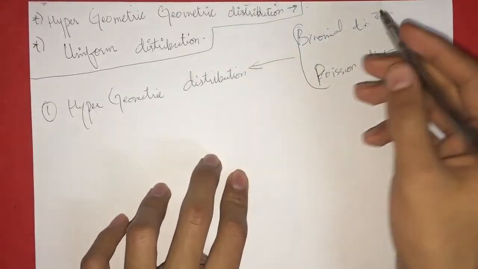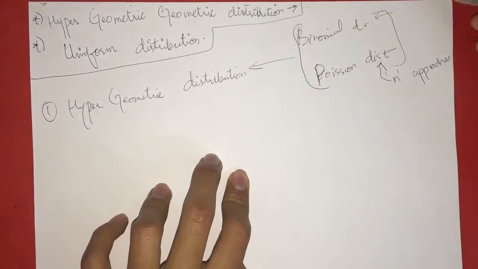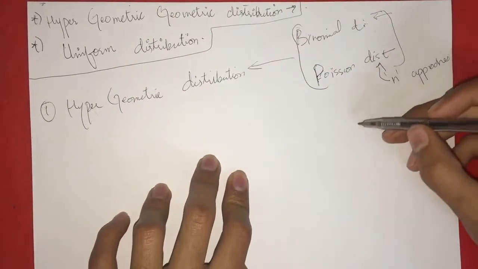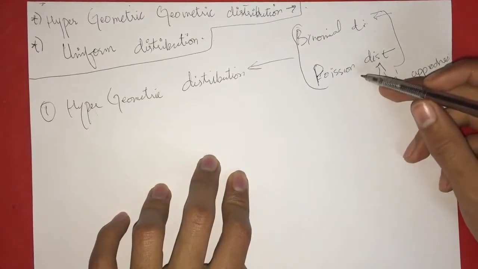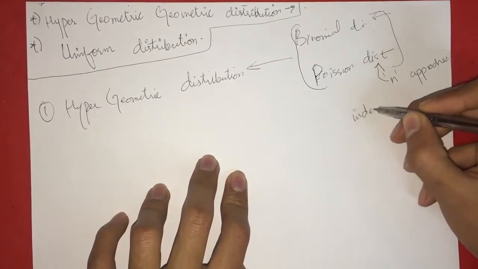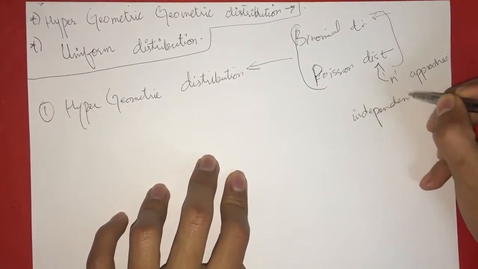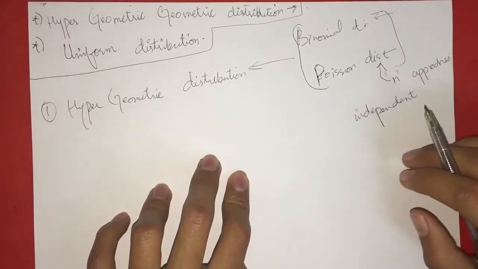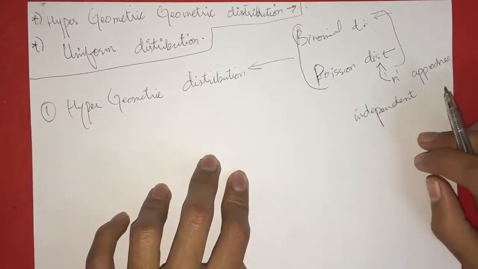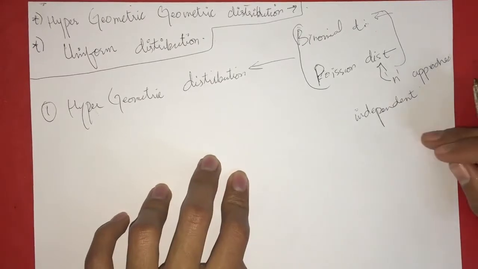So in these two distributions, the main condition is that the random experiment has to be independent. Means the occurrence of one event does not affect the probability of the occurrence of another event.